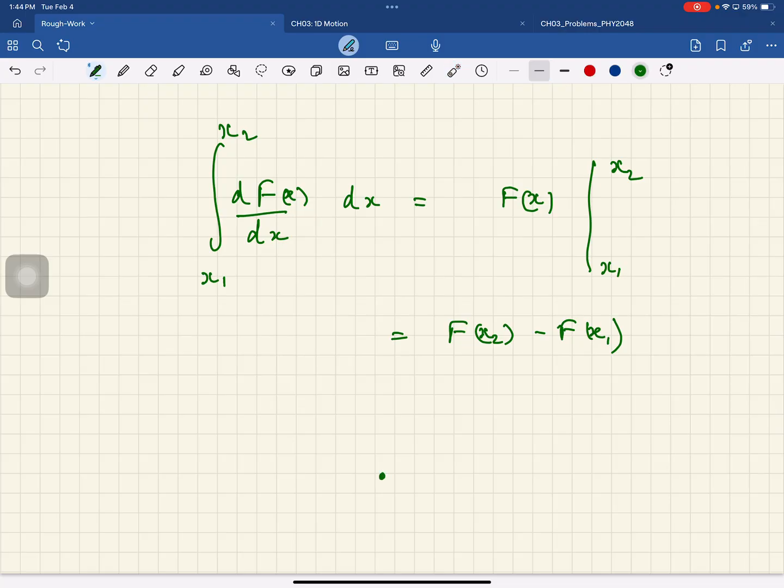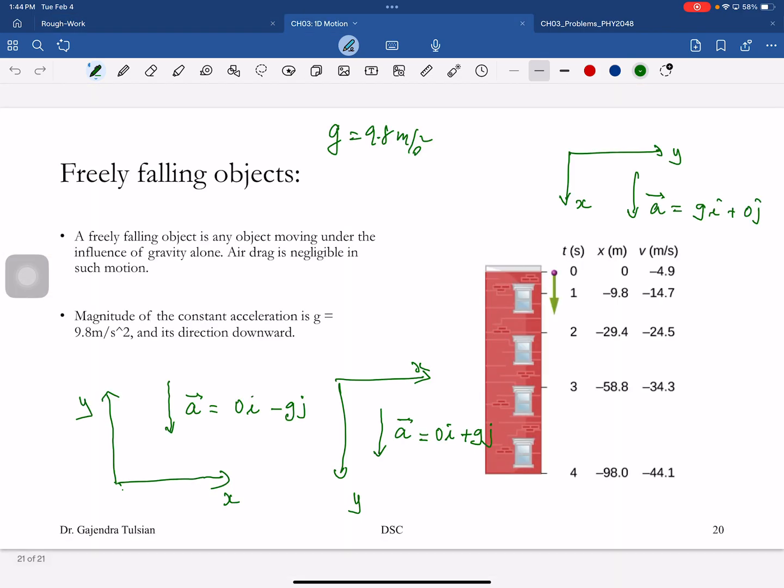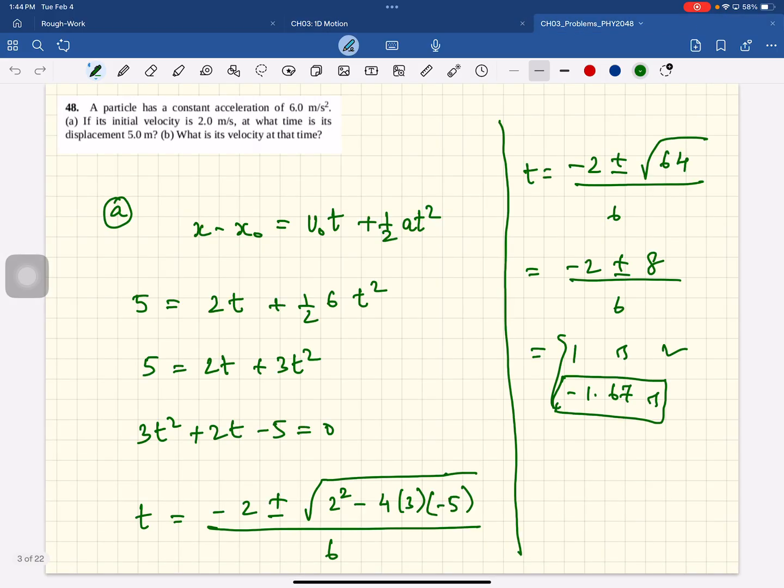So you can think of this as 1.67 seconds ago, if this was negative and the acceleration is 6 meters per second square in this direction, it slows down and then eventually comes back. And that'll be 5 meters. So again, right now, that's the solution we want. But if you think about it, those other solutions have interpretations as well.